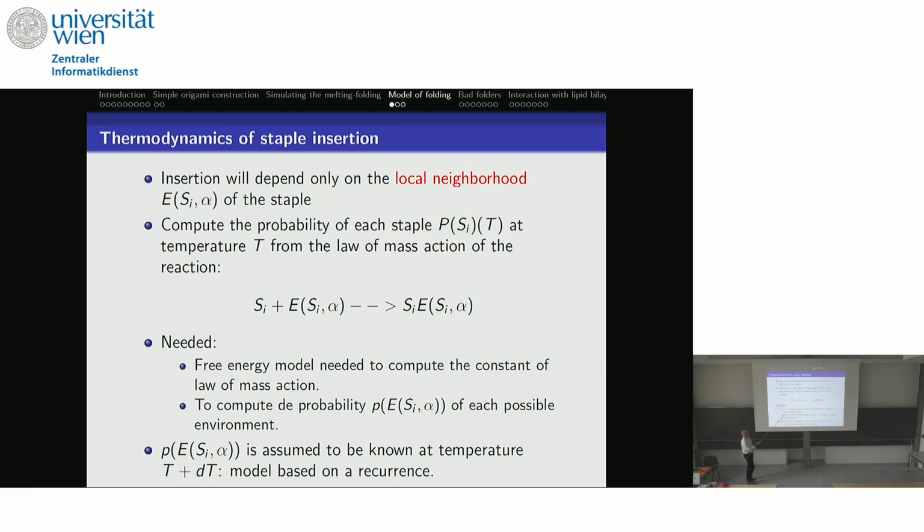So we have this set of reactions, a staple plus an environment of the staple goes to the binding of the staple. To solve these law of mass action equations, we need the thermodynamics.